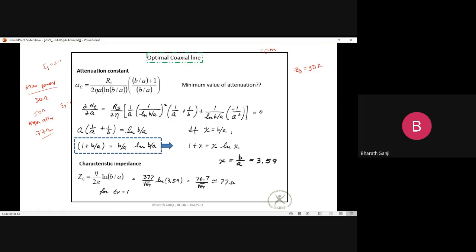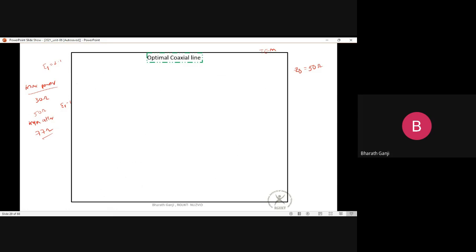Maybe it is not the completely minimum one, but the power handling capability will be good and it will have a good, minimum attenuation constant, so that I can use it for practical purposes. So that is why 50 ohm is a compromise between these two.